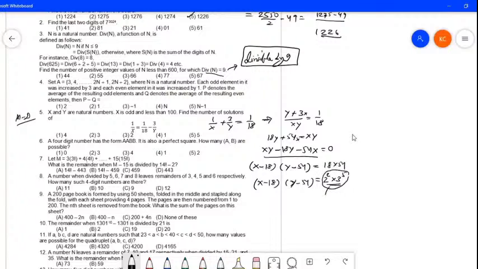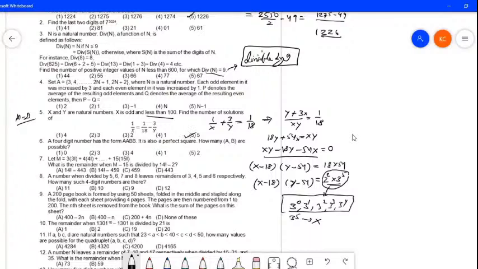So which odd factors will there be? 3 power 0, 3 power 1, 3 power 2, 3 power 3, 3 power 4, and 3 power 5. 3 power 5 won't be considered because it will become bigger than 100. So we have 5 such factors. So answer is 5.